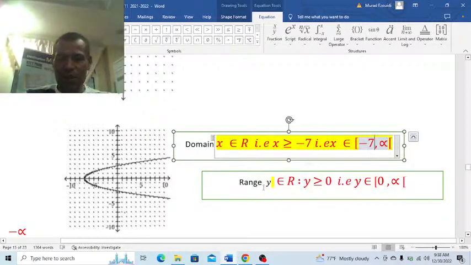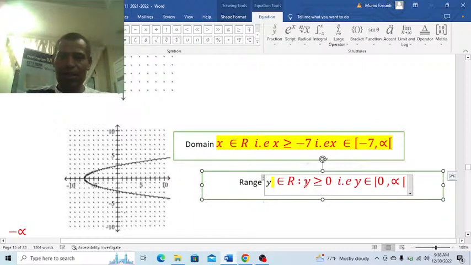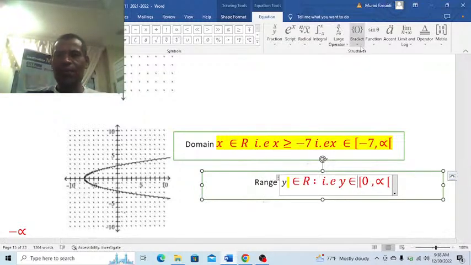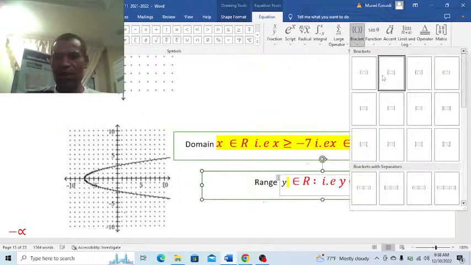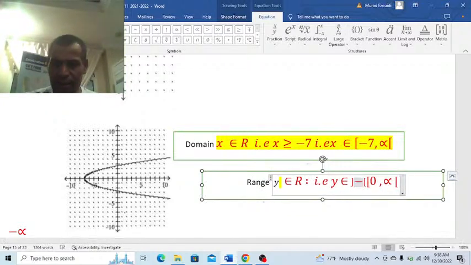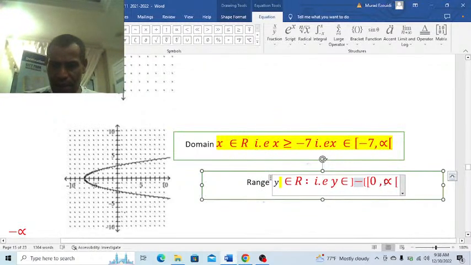So the range is the set of real numbers, meaning plus infinity and negative infinity. I will just write here the open interval, minus infinity to positive infinity.